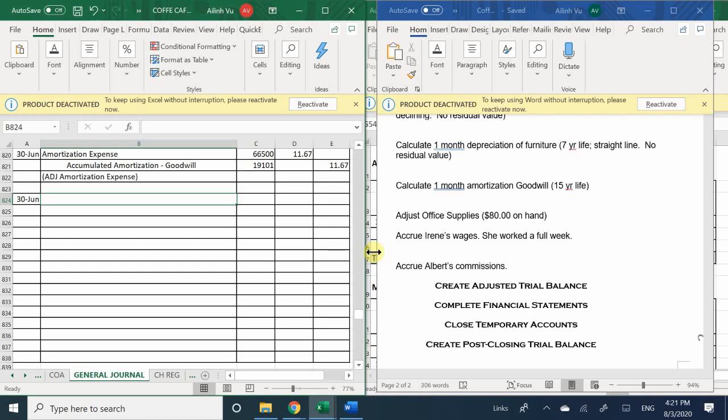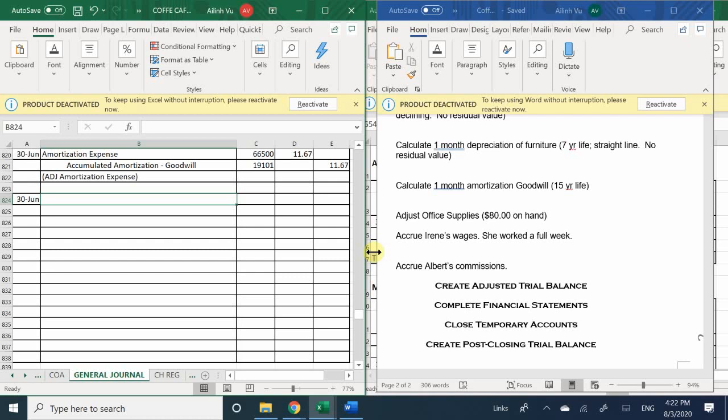So if we no longer have office supplies, where do we put them? If we no longer have an asset, what did you do to it? Expense? Yes, good. You expensed it.